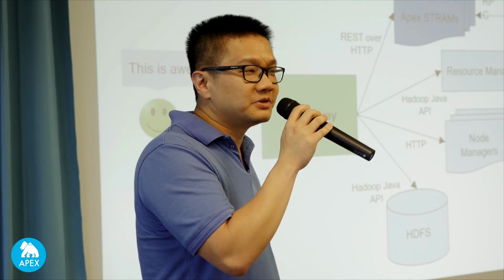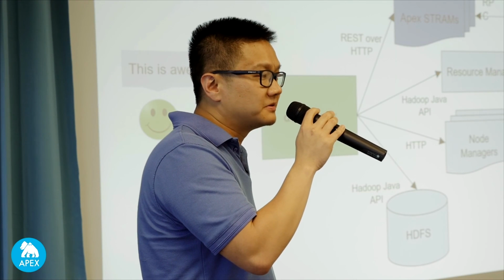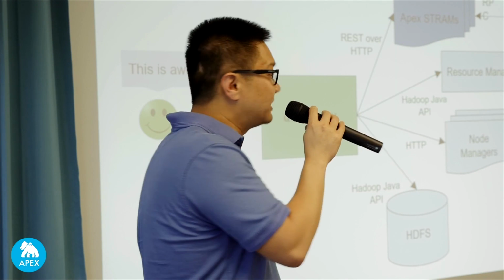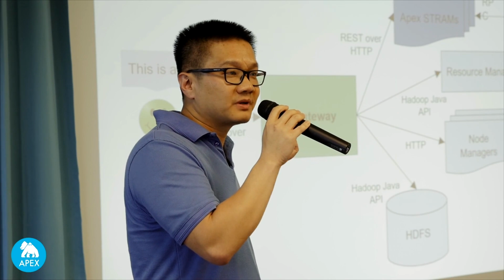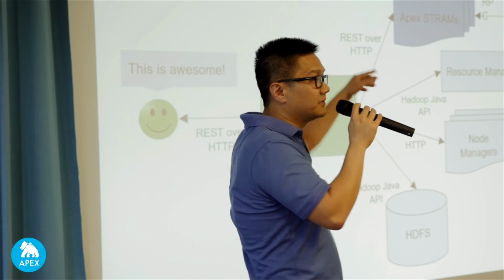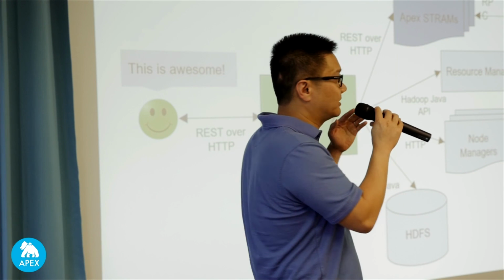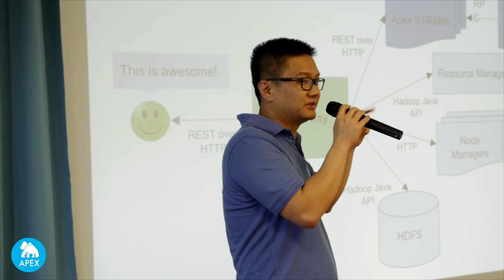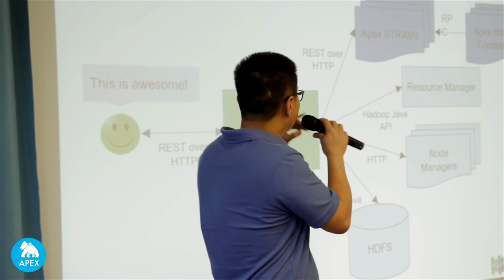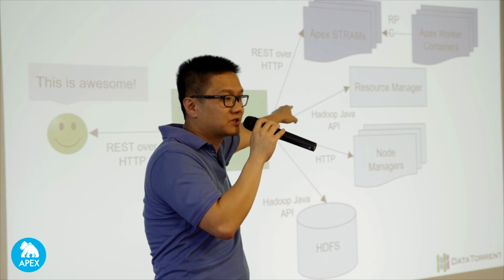In the application, you can annotate your operator field as AutoMetric, and it will actually be visible in the Stram. If you annotate an operator property in the Java code with the annotation AutoMetric, it will be automatically visible in the Apex Stram REST API.